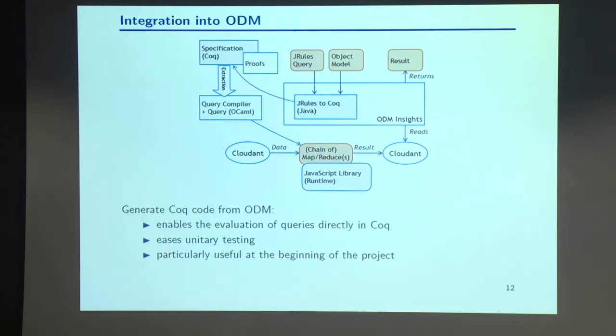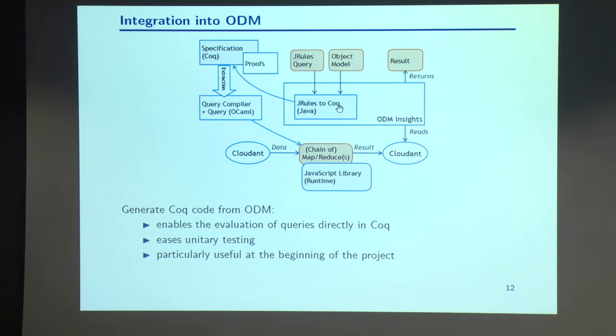So the first thing that we did is to put a little bit of Java code here, because all the product is written in Java, that takes the intermediate language that we were considering and produces directly some Coq code that was the data structure, the AST that was represented here in Java.